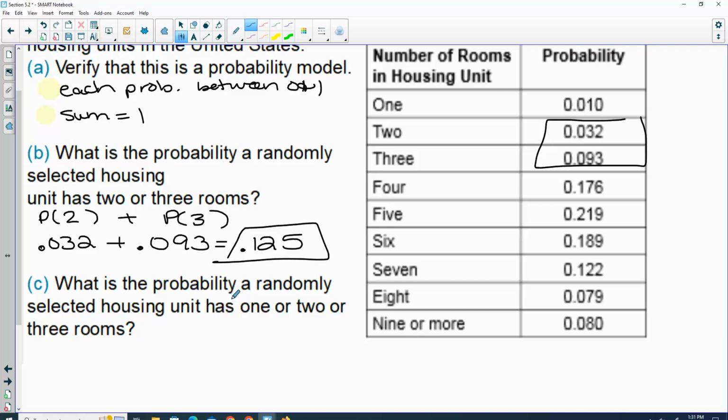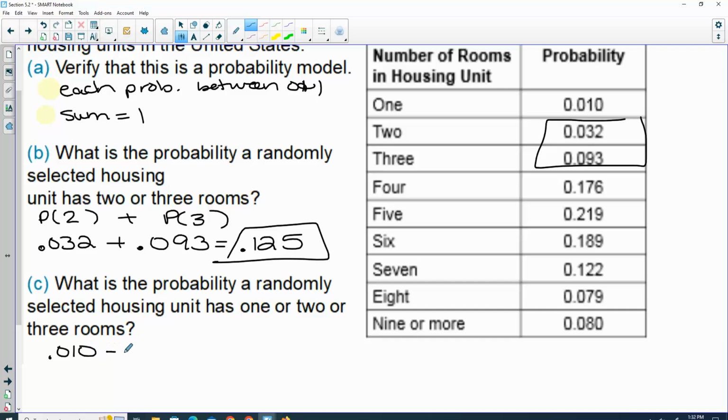Alright, so C. What's the probability that a randomly selected housing unit has 1 or 2 or 3? So I gave you 3 possibilities, so what do you think we have to do? Just add them up, because it can't be more than one of them.